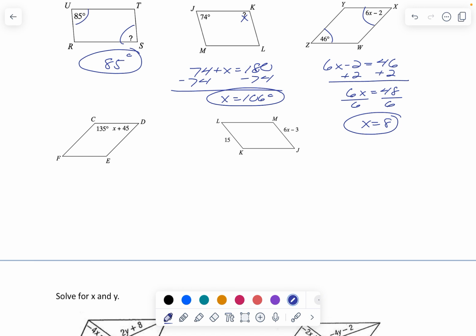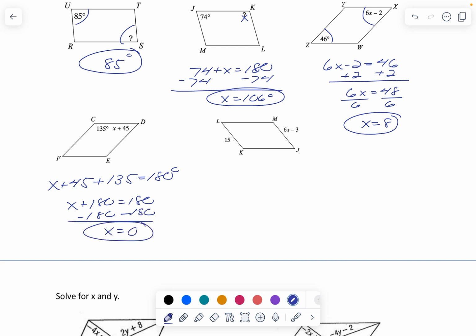Notice it's a big and a small. So the relationship between these two is the two of them together add to 180 degrees. So this is an interesting problem because we end up with x plus 180 equals 180. And when we do this, we get x is equal to 0. Well, that's possible.